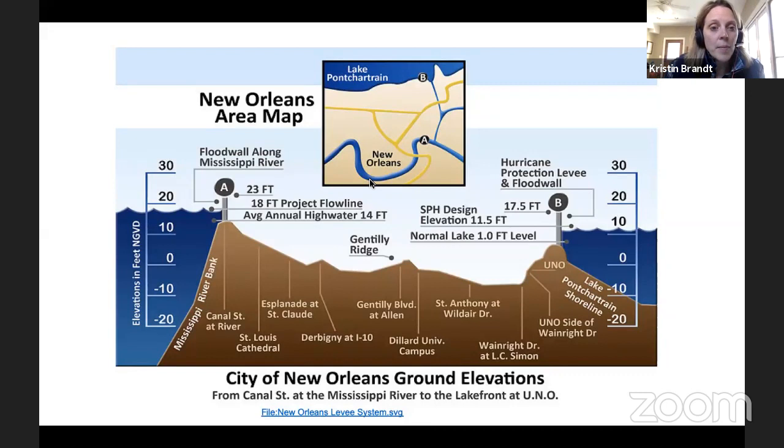We built up, so you can see, we're trying to hold back the riverbank, trying to hold back those areas. The reality is, though, that for a long time it worked really well, but Hurricane Katrina was a prime example of when those levees didn't hold.